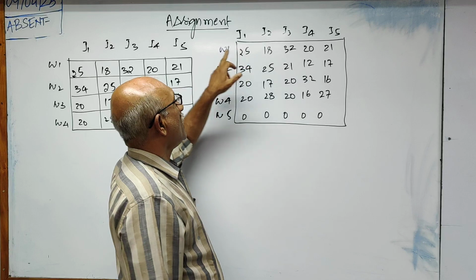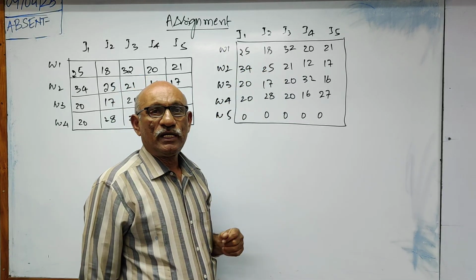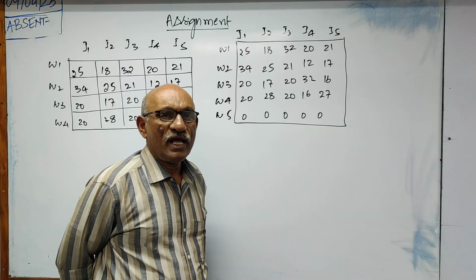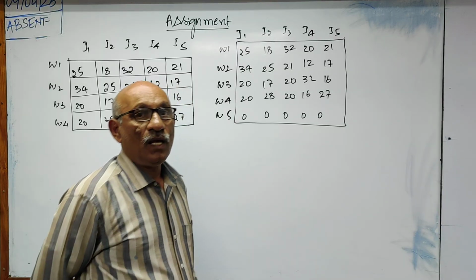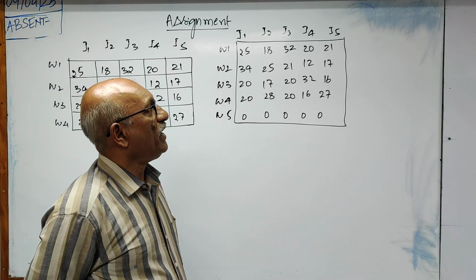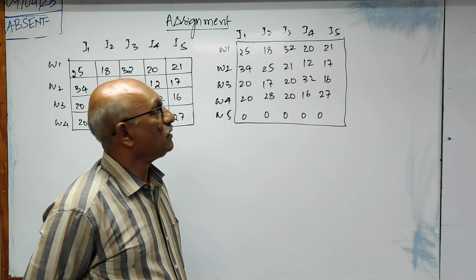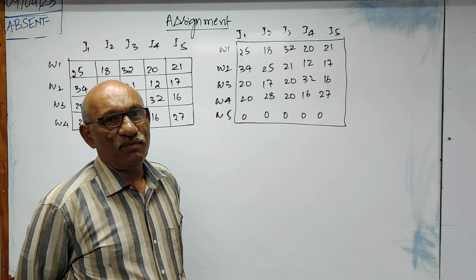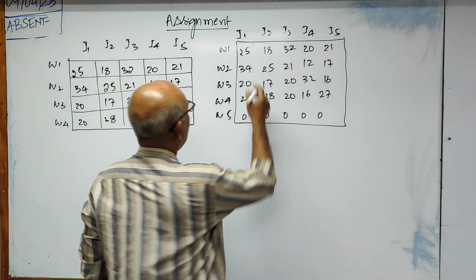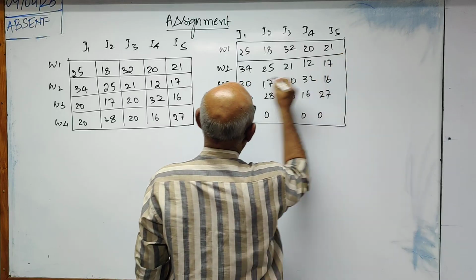When job 3 is assigned, 32 rupees. When job 4 is assigned, 20 rupees. When job 5 is assigned, 21 rupees is the assignment cost.